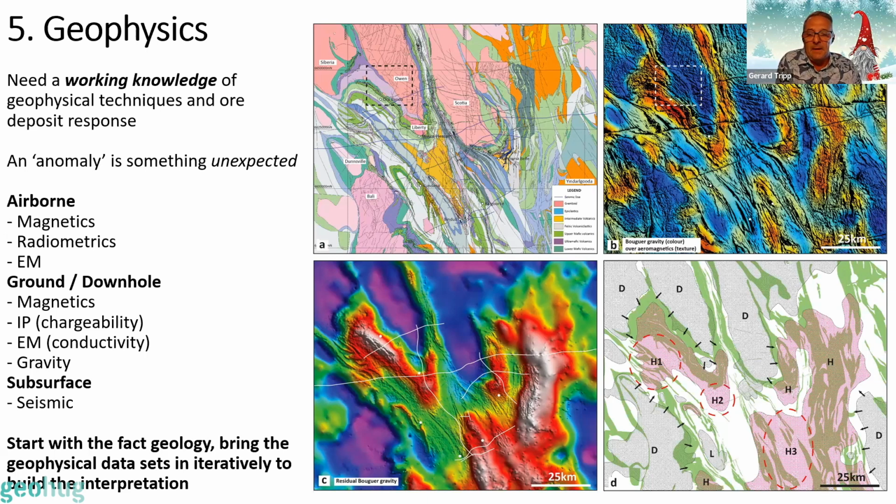Okay. So I think the other key issue is this statement here that an anomaly is something that's unexpected. So if you've got a mag high, it's not an anomaly until it's telling you something you weren't expecting. For instance, I've got a map at the top here where in the little dash box there's a pink unit, that's a granite.